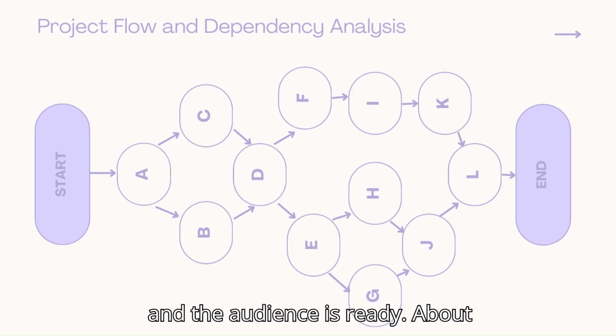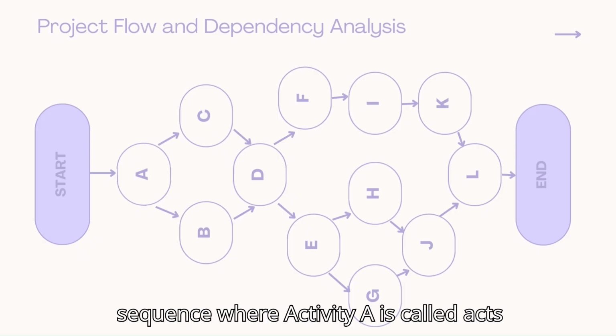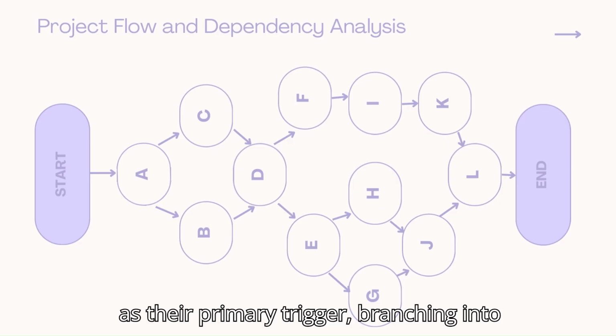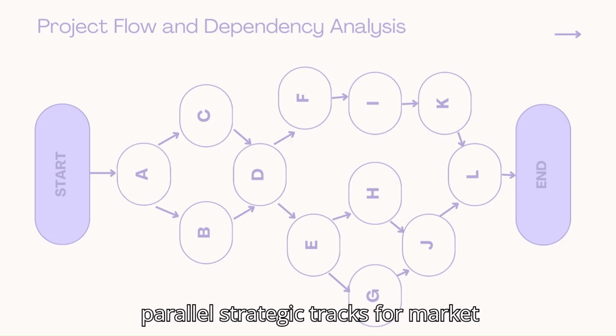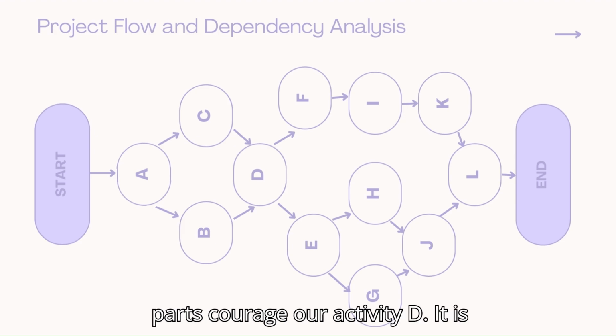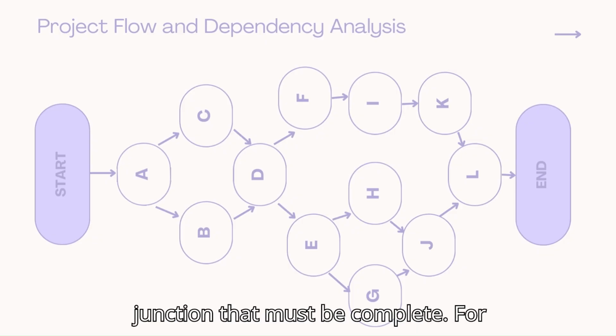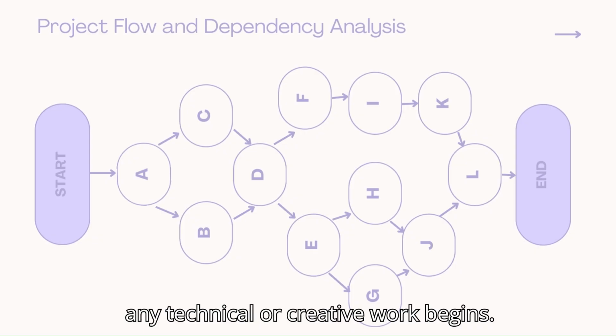is ready. Overall, the project follows a logical sequence where activity A, scope, acts as the primary trigger, branching into parallel strategic tracks for market research and business modeling. This path converges at activity D, vendor selection, a critical junction that must be complete before any technical or creative work begins.